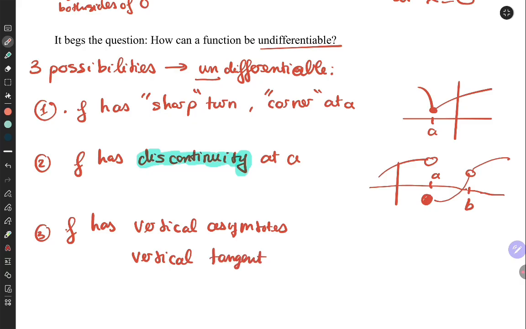Okay, look at this point. Let's pick that point. The tangent line right there, literally straight up or straight down. And a point that has vertical tangent line, you cannot find the limit.